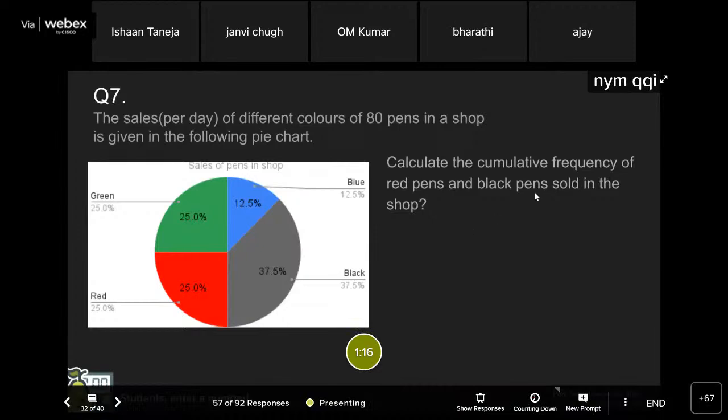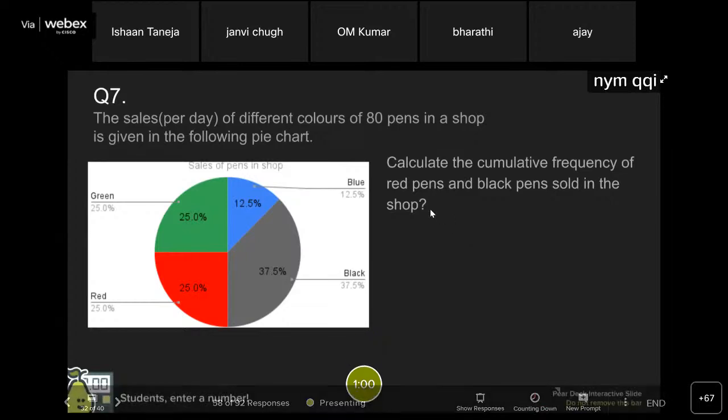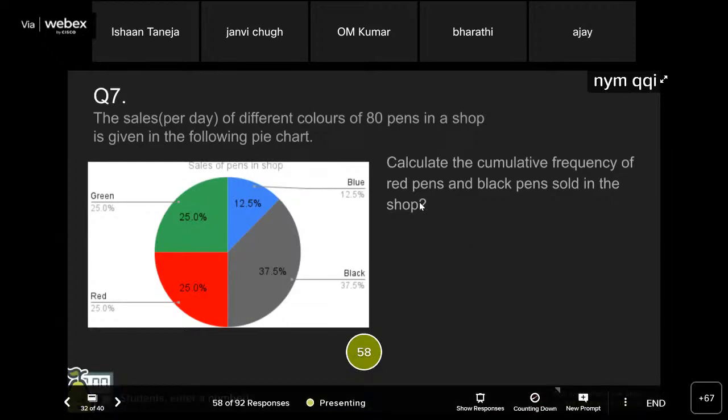Black and red pens, right? Cumulative frequency of red, both I can get together? Yeah, cumulative frequency means you need to add the respective frequency. Sir, I can combine both the numbers because I can't type separate numbers, typing problem. Yeah, there would be only one number. Okay.